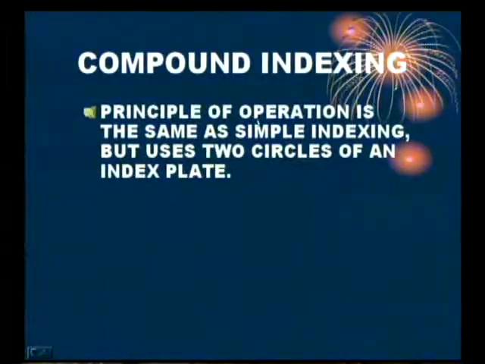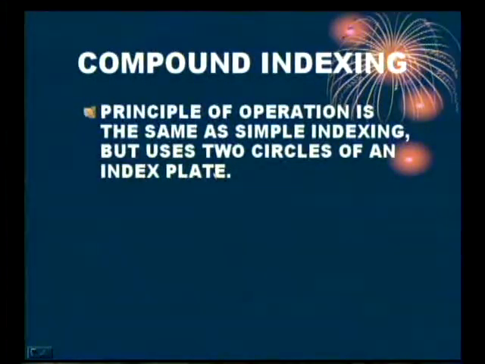Now we move on to the next topic, which is compound indexing. Some of the divisions which are not possible to index with plain indexing can be indexed using this method. Here the principle of operation is the same as simple indexing, but it uses 2 circles of an index plate.